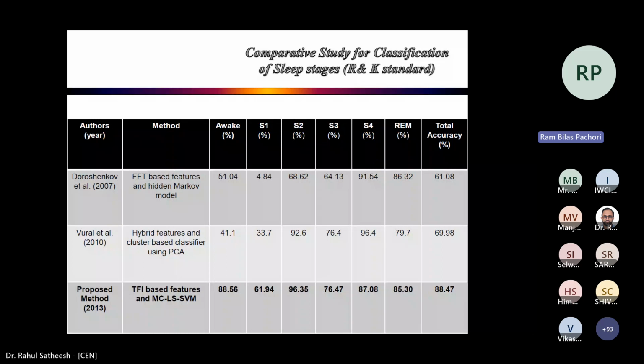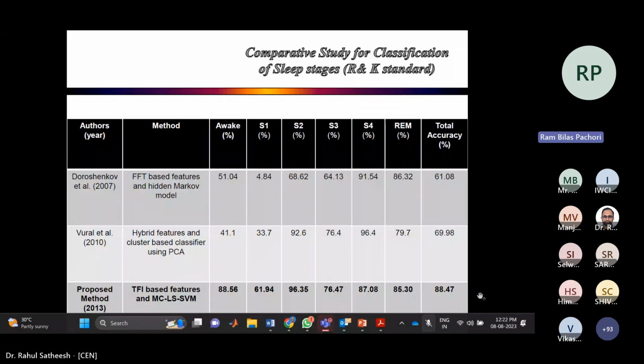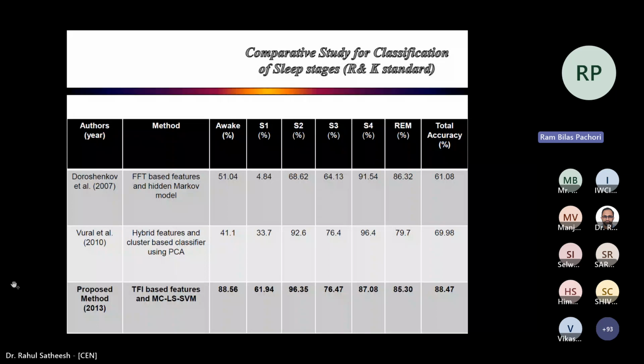These two methods give total accuracy of 61.08% and 69.98%. Our proposed method, based on time frequency image based features and a multi-class least square support vector machine classifier, gives you 88.47% classification accuracy.